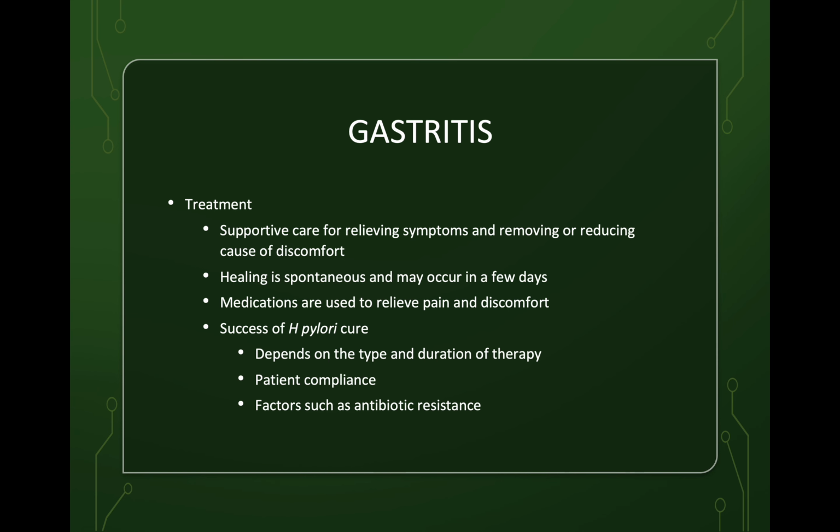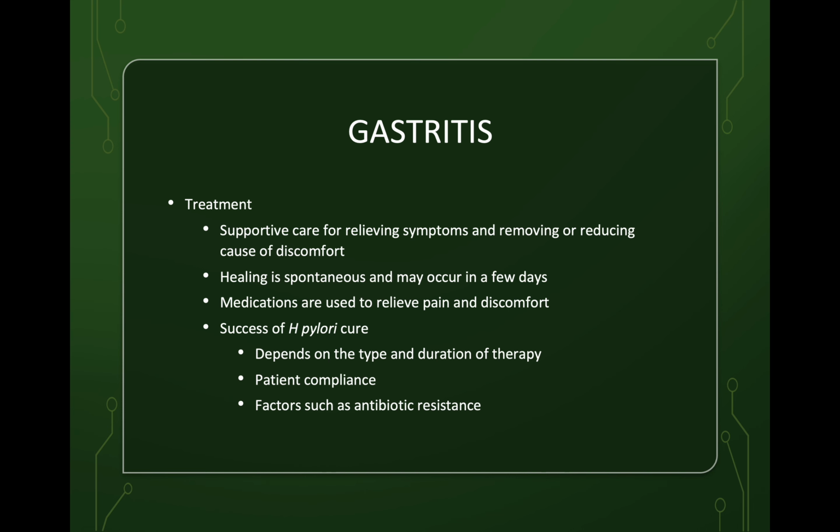Depending on the liquid, you don't want to be throwing orange juice in there because that's pretty acidic, but things like different types of broth or tea or gelatin can be tolerated a little bit easier. Not as much work for the stomach to have to deal with. And then maybe increasing that diet as the patient is tolerating it, with some heavier liquids like cream-based soups and puddings, things of that nature.